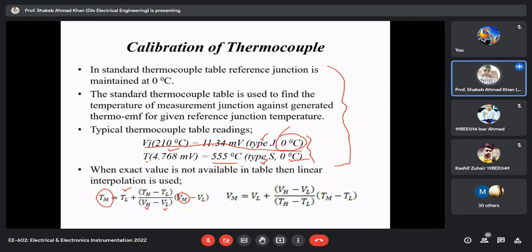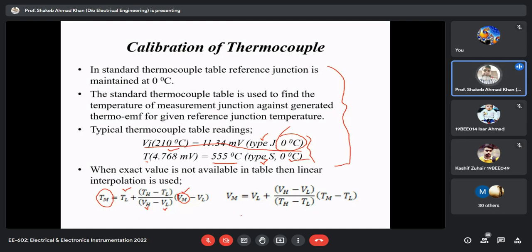This is your reading, whatever you are getting from the thermocouple. You match it in the table, and it is not perfectly matching any value. Then we take the two consecutive readings between which this reading falls, note down the higher and lower values and the corresponding temperatures, feed all these into the equation, and get the output.